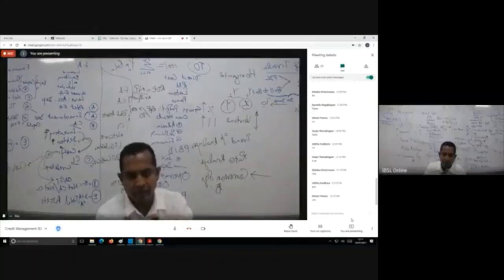Current assets include those things plus inventory. Inventory is the hardest to convert to cash, so when you are working out the acid test or quick ratio, you take out the inventory and leave only the quick assets. Any questions? Anything you want?